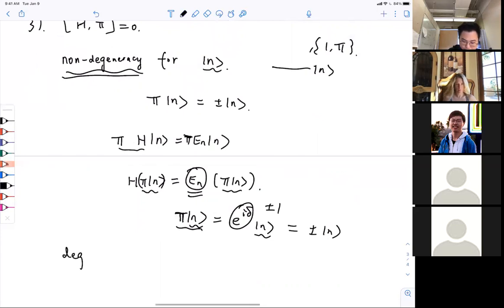Similarly, you can apply this kind of discussion to the degenerate case.